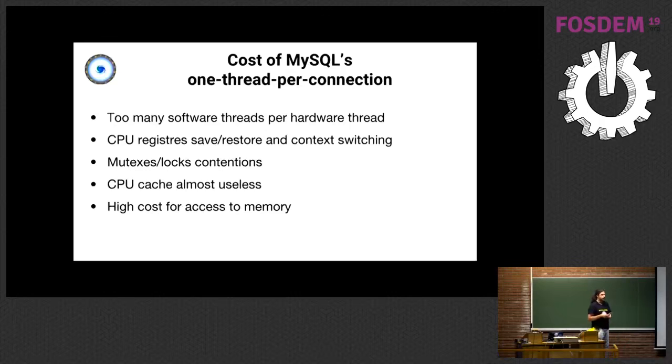It has to handle all the registers for the context switching, and you have mutex and contention between all those threads. At the same time, the CPU cache most of the time is absolutely useless because all the context has been moved in and out of the CPU cache. For the same reason, you have to access memory, and access to memory is way more expensive than accessing the cache in the CPU.